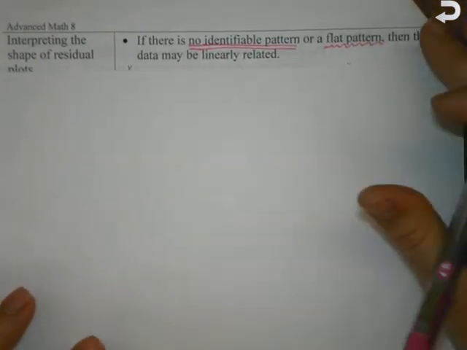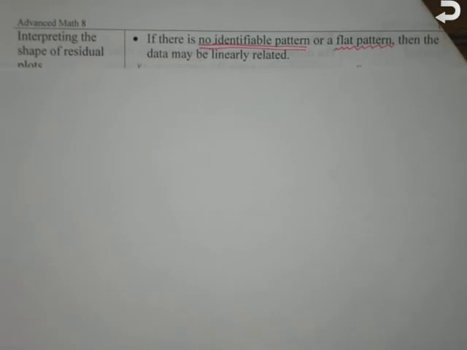So when we look at the residual values, or even if I just give you a residual plot, if the residual plot comes out flat, then it might be a linear kind of set of data, okay?